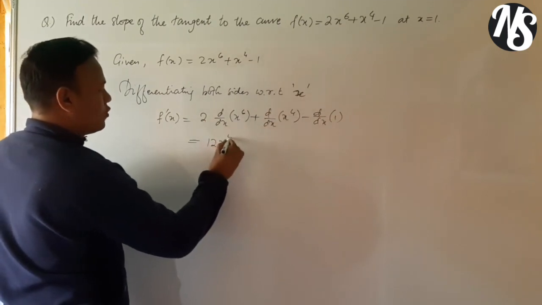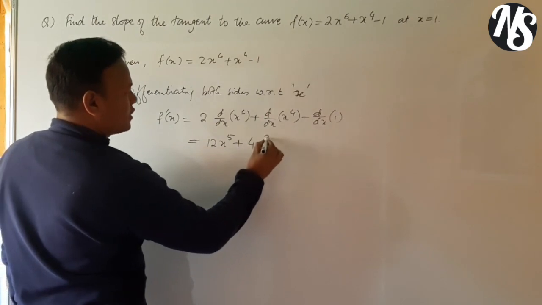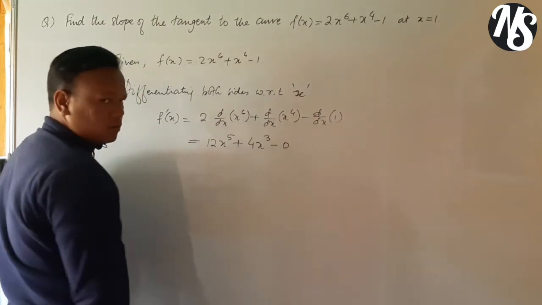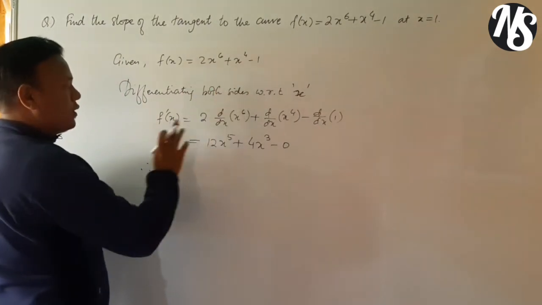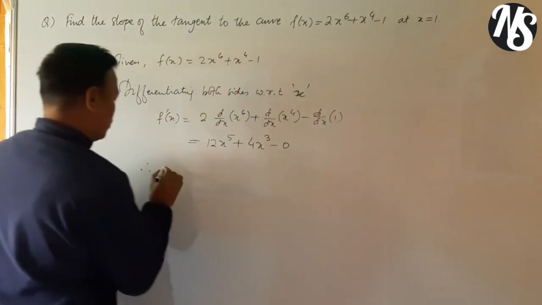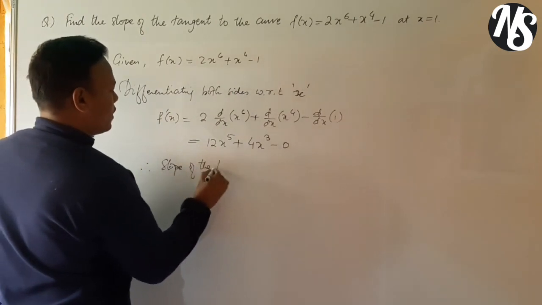So it will be 12x to the power 5 plus 4x cube minus 0, because this is a constant. Therefore, you are asked to find the slope of the tangent at x equals 1.